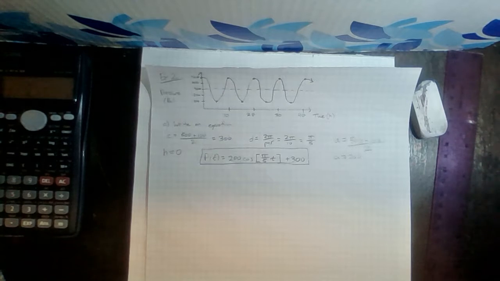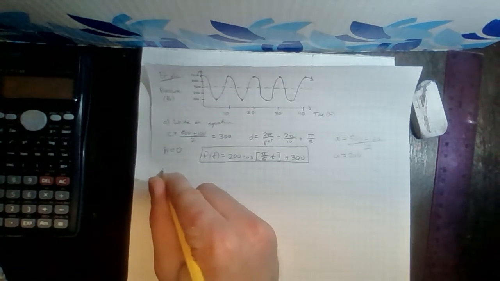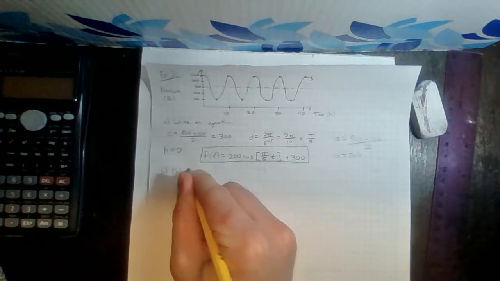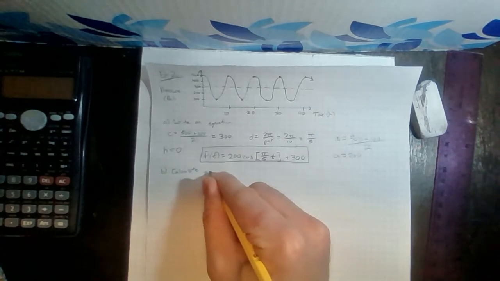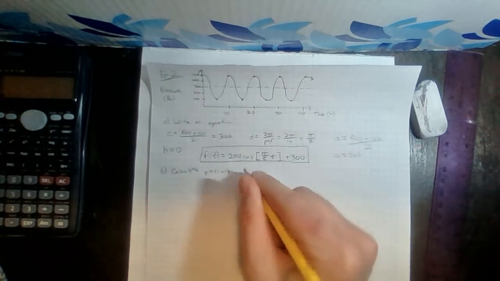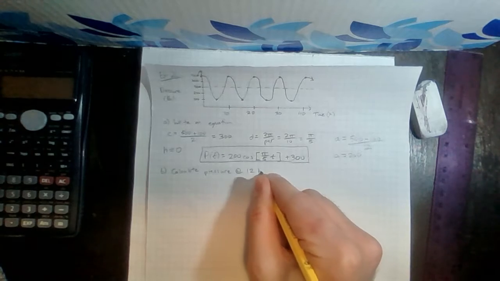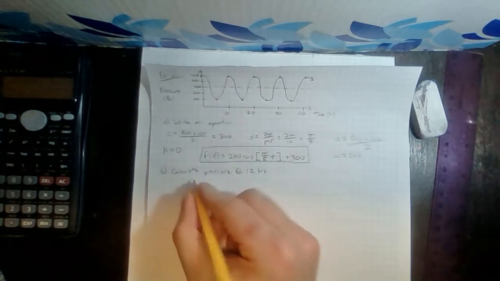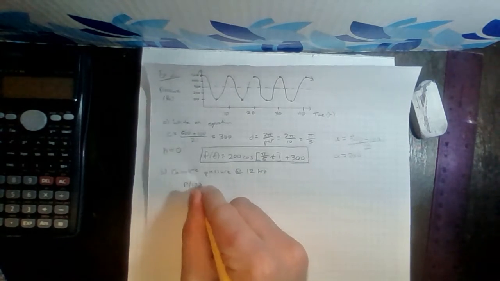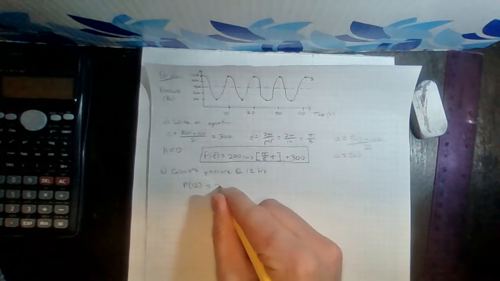B is asking us to use our equation to calculate the static pressure at 12 hours. So what is P of 12? Well, we just plug in 12 for t.